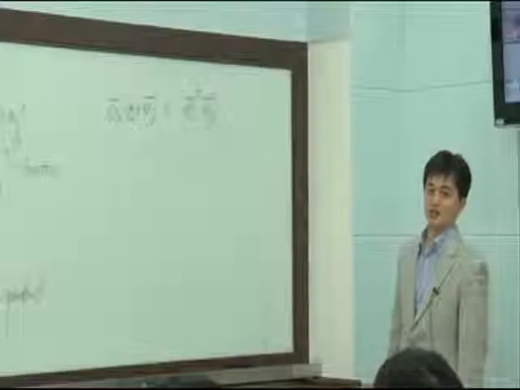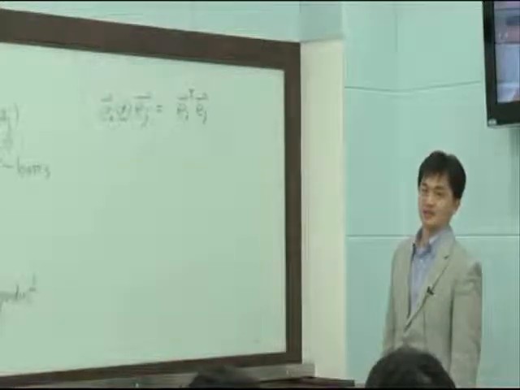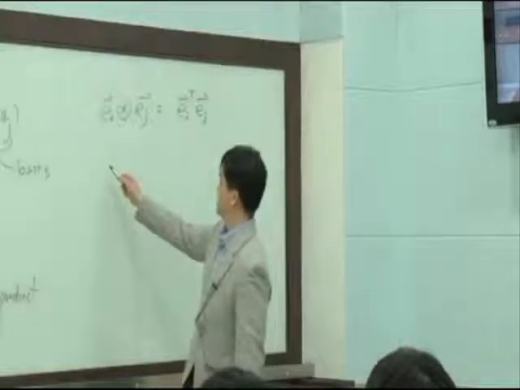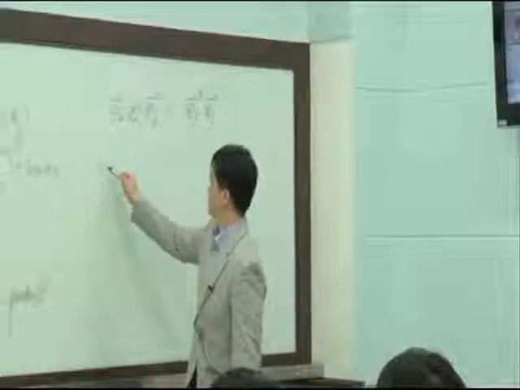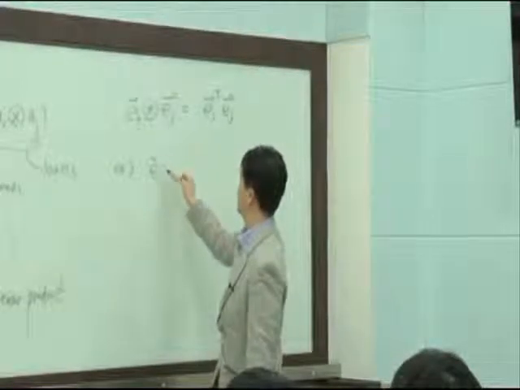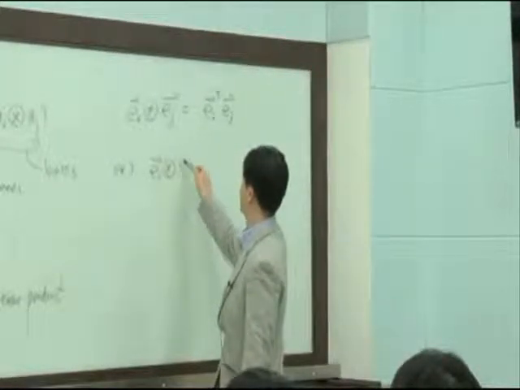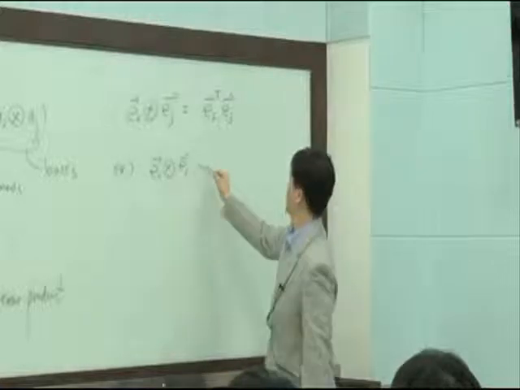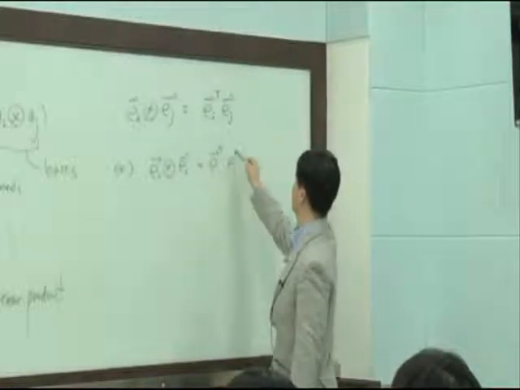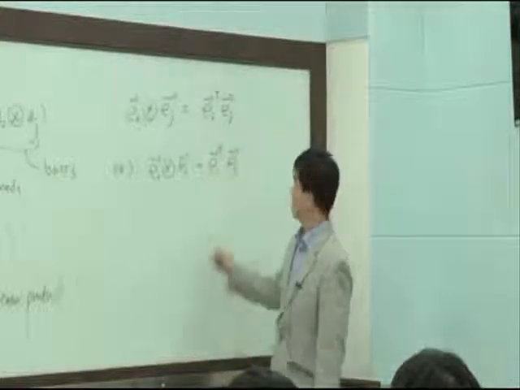What's the result of this? For example, let's calculate E1 tensor E2, which equals E1 E2 transpose. What's this?